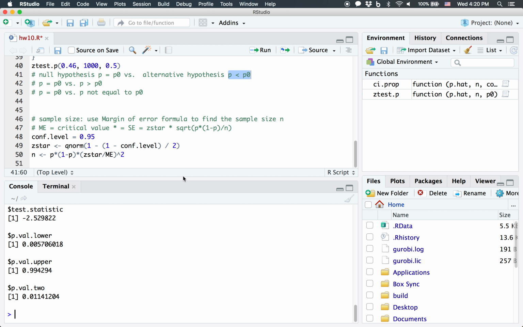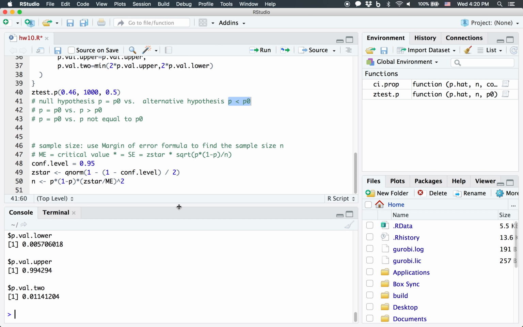The other topic I want to cover is the sample size. To calculate the sample size, we use the margin of error formula, which is the critical value times the standard error.